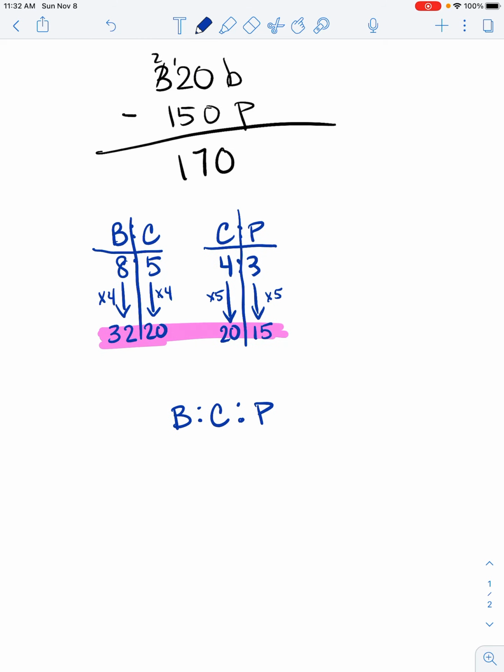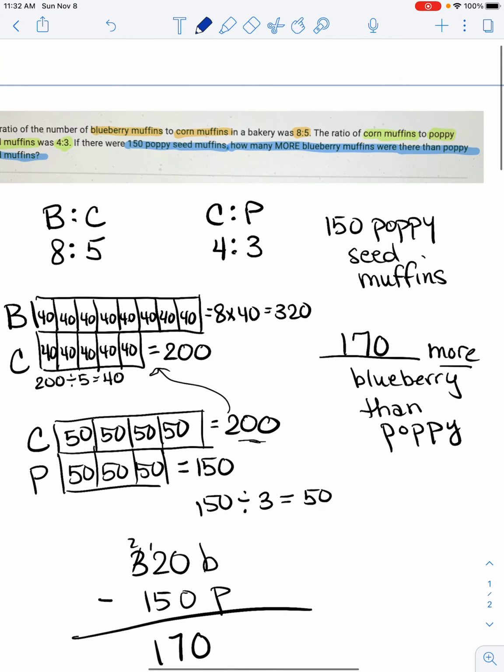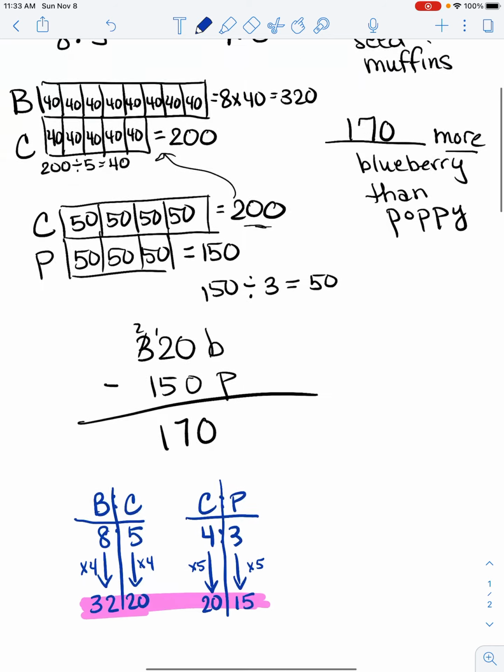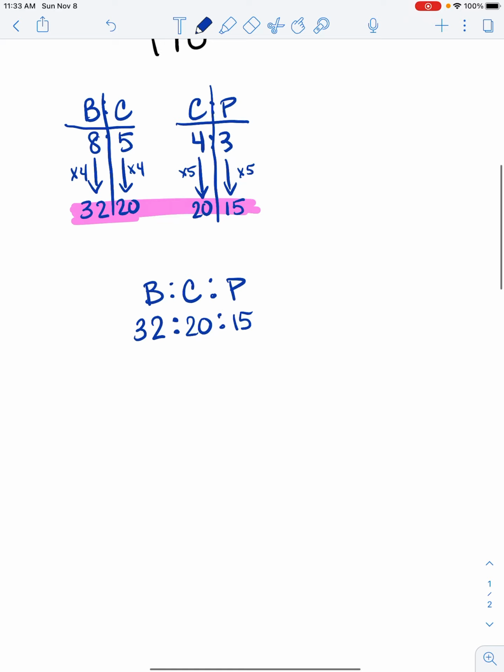So I'm going to say the ratio is 32 to 20 to 15. And I can do that because, again, the 20 corn muffins is the same in each of these tables. Okay, what is the other piece of information that they're giving me? There are 150 poppy seed muffins. So, make your new table.